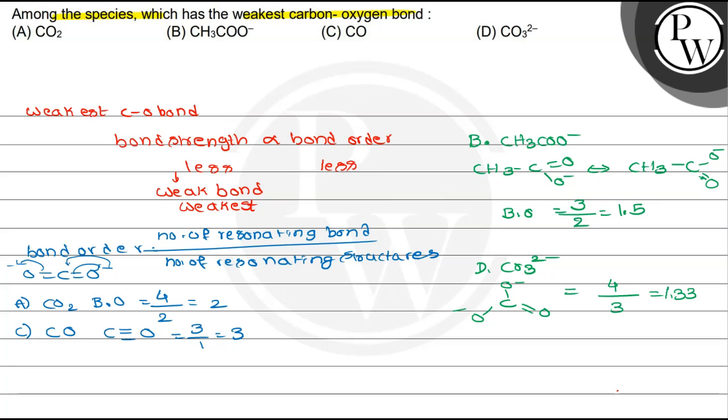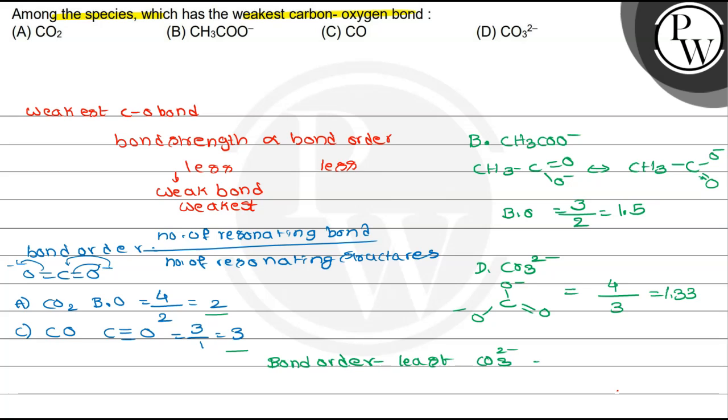So among the given bond order values 2, 3, 1.5 and 1.33, the bond order is least for CO3 2 minus.